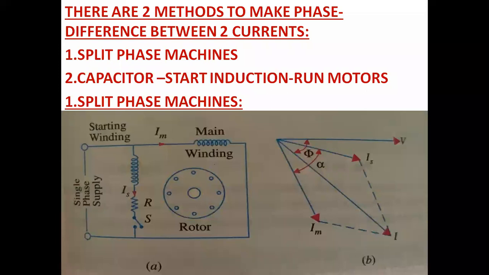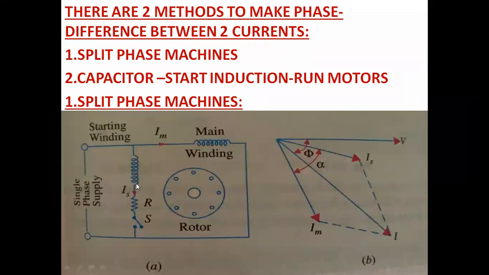The resistance of the starting winding can be increased either by connecting a high resistance in series, or by choosing high resistance fine copper wire for winding purposes.